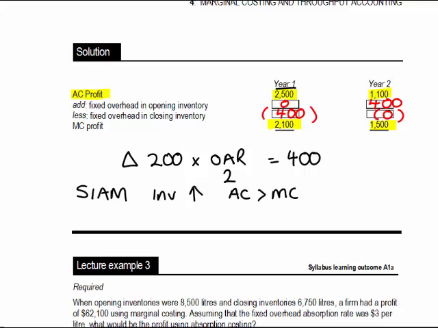We can see, therefore, that the marginal costing profit figure is going to be 400 less than the absorption costing. In year two, it's the other way round. The stocks are decreasing, and therefore the marginal costing profit is going to be higher than the absorption costing profit. And you can see that that's the case in year two.